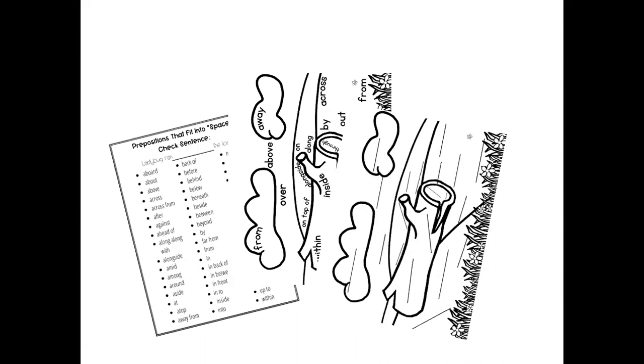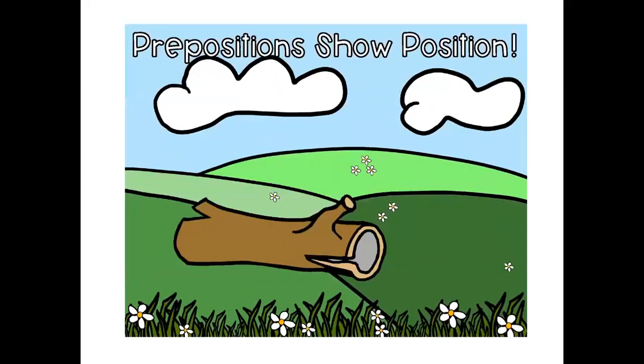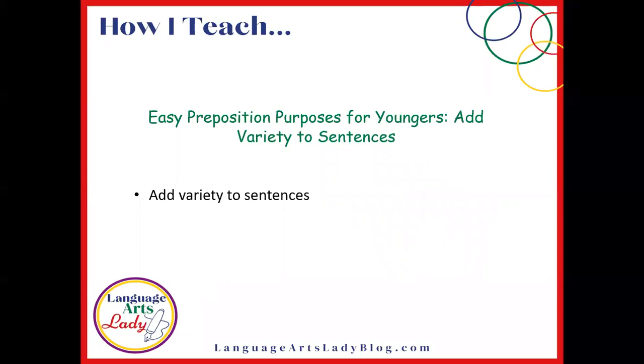So this is how I go about teaching prepositions to elementary students. I'm working very much on the variety of sentences, adding details to sentences. And that is often enough to motivate kids to learn them, right? Because they can realize that they already use those.